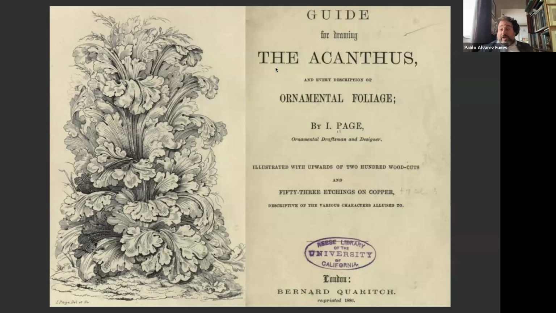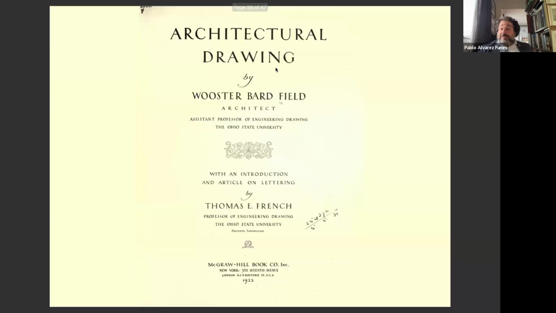It starts telling you how to draw the acanthus, and then it starts explaining the different variations of the acanthus leaf. So in that sense, it's very interesting because it covers all the evolution of the acanthus leaf up until the Middle Ages and then coming back. But the one that I find more useful to explain how to draw, because it has very clear instructions, is this one, Architectural Drawing by Buster Bartfield, which I recommend to everyone to read and to have.